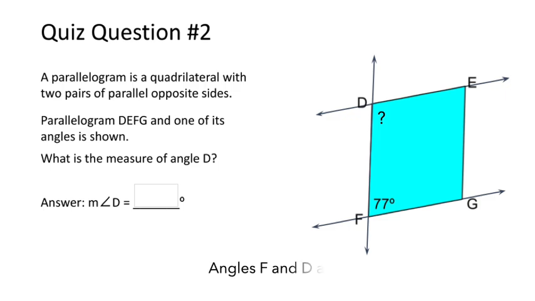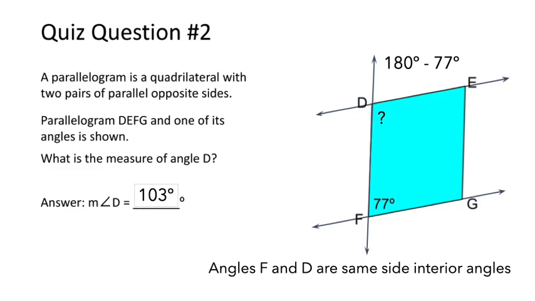These are same side interior angles, and they are supplementary, meaning they add together to equal 180 degrees. So we can subtract 180 minus 77. And that gives us 103 degrees for the measure of angle D.